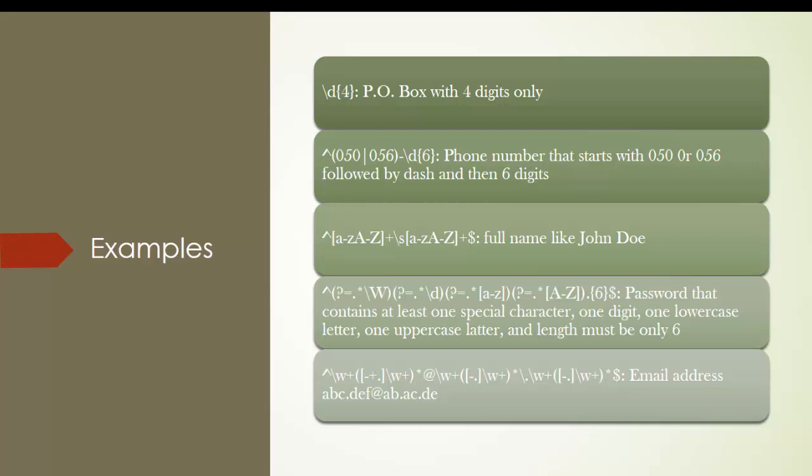So this means that I would like to allow the user to use more than one dash. So that's why you see between the square brackets I have the dash and then followed by a plus sign. Remember, plus means one or more. And then, because I'm allowing the user to use a dot, then I enclose the dot between the square brackets. So this would be the first part of our email.